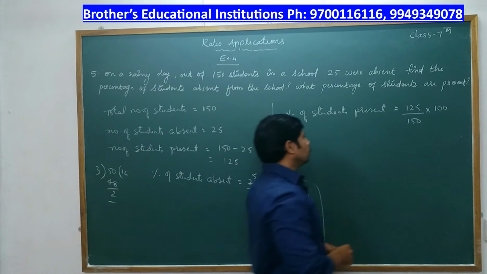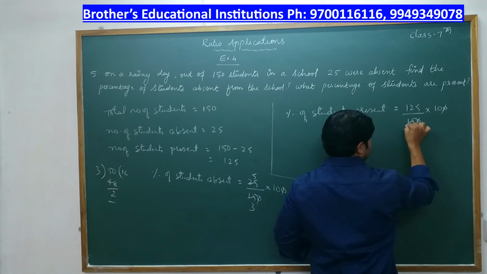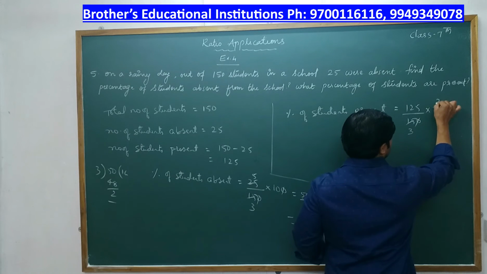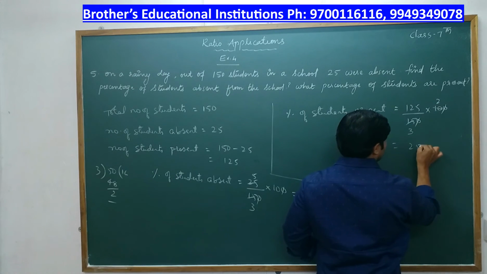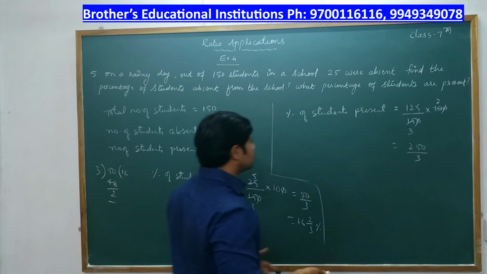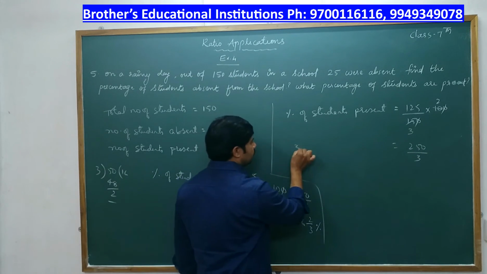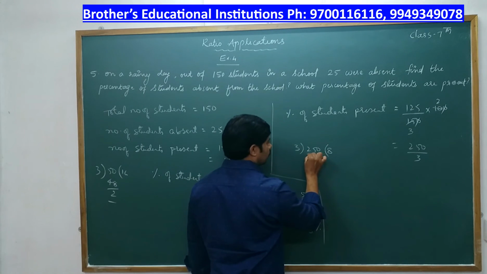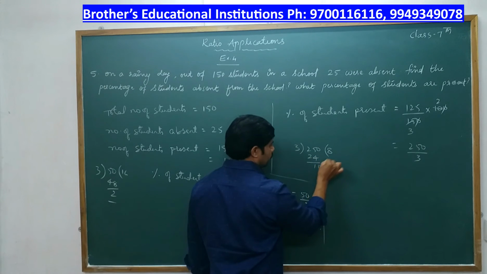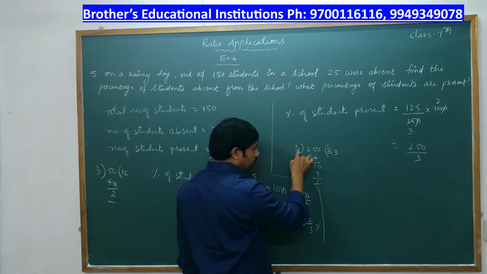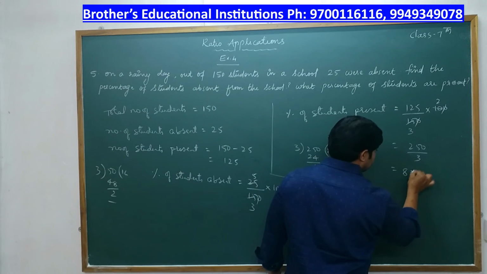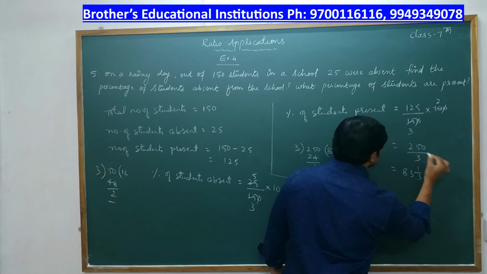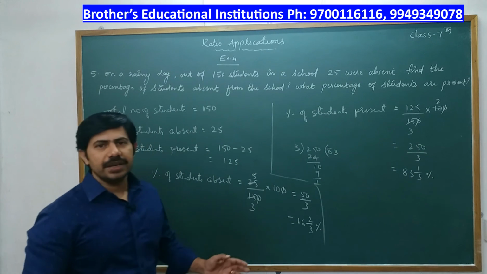Here the zeros will cancel, 5 3s are, 5 2s are, so we are getting 125 into 2, which is 250 by 3. Just divide this. 3 8s are 24, remainder 1, 3 3s are 9, remainder 1. So 83 and 1 by 3%. So the percentage of present is 83 and 1 by 3%.